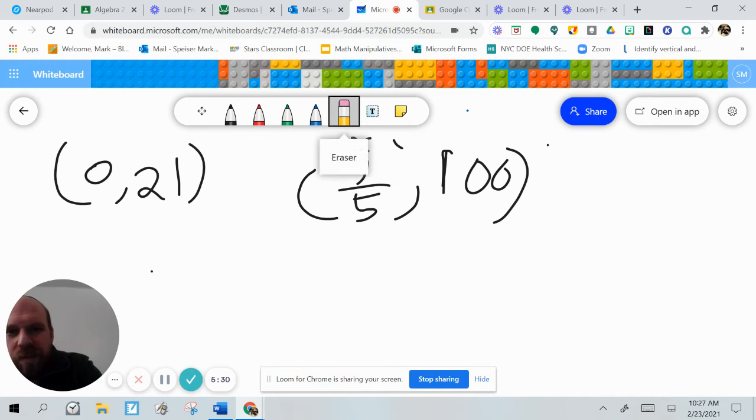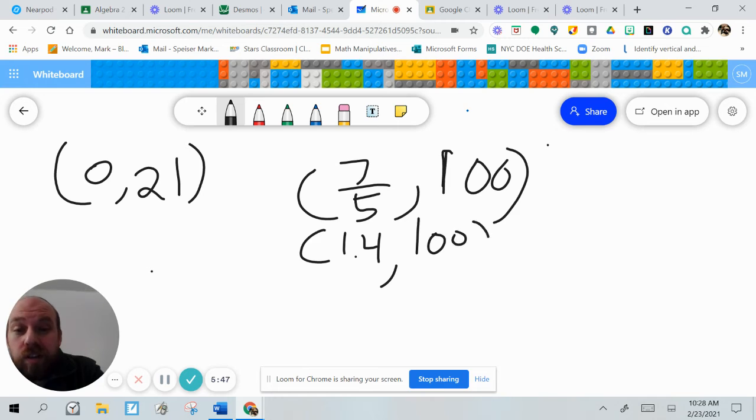So it's growing at some exponential function, and you know at 7/5 the value is 100, and 21 is my starting value. In this case, they would actually usually give you it more as a decimal. So this would be 1.4, 100. But I prefer to work the fraction to emphasize the reciprocal.